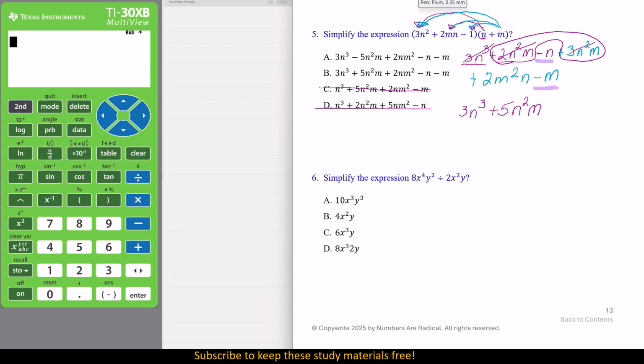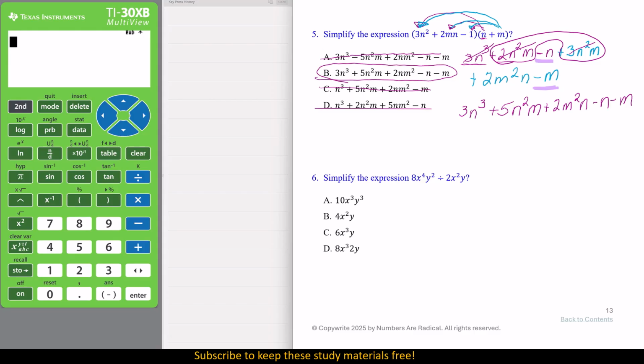Well, that eliminates A, but let's keep going just in case. These others, we can't combine with any other terms. We have 2m squared n minus n minus m. And that is exactly what we have for option B.